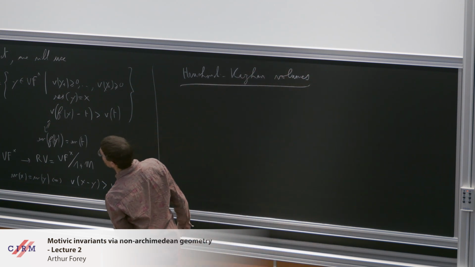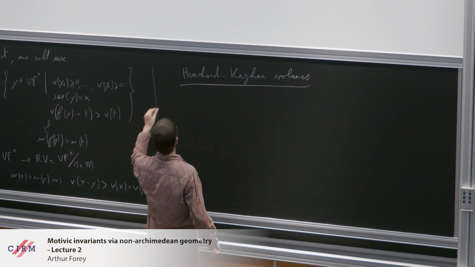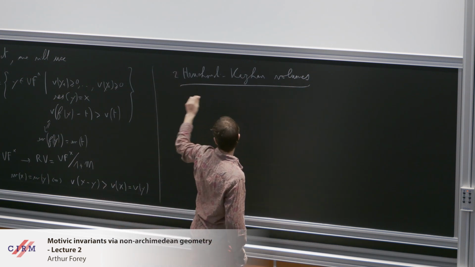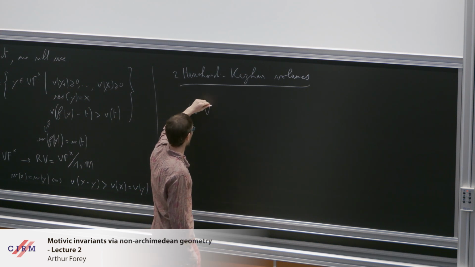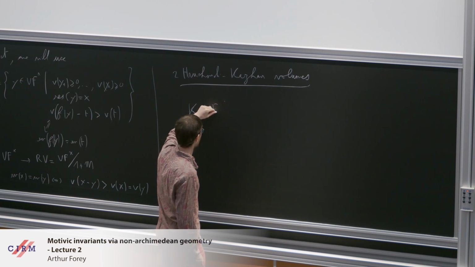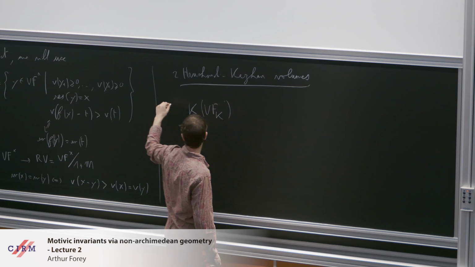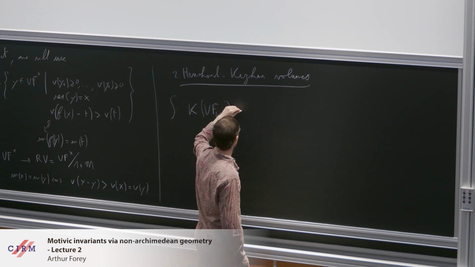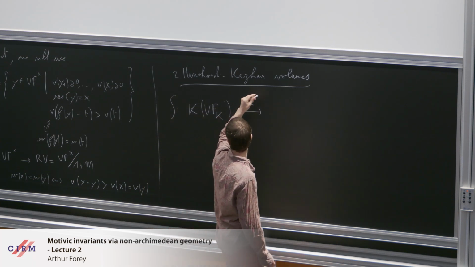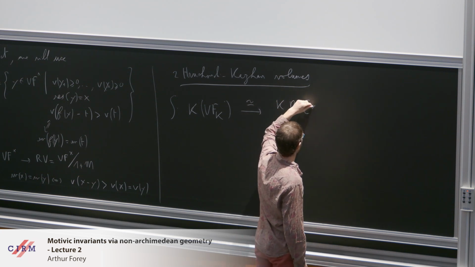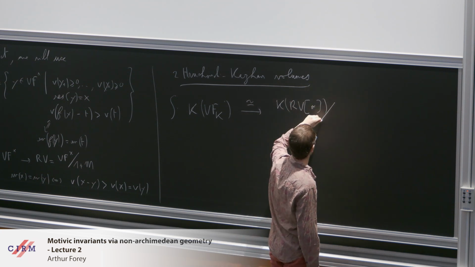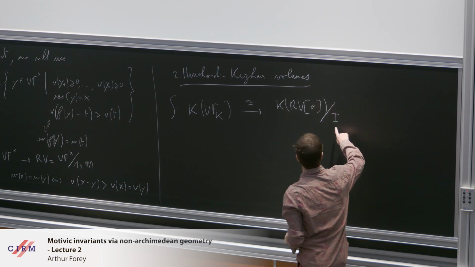So I guess that was my lecture 1, this is going to be lecture 2. At the end of last lecture, we had this isomorphism between the Grothendieck group of semi-algebraic sets over K and this Grothendieck group of RV with this grading, modified with this ideal I, which was very explicit.